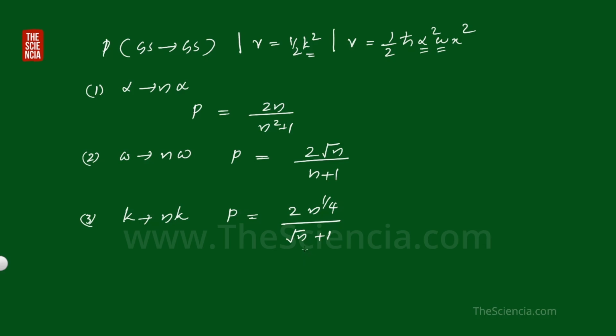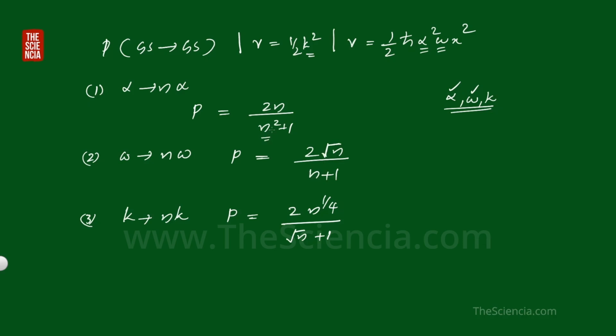To remember these equations, first remember this order: alpha, omega, k. First consider alpha. Alpha is 2n by n square plus 1. When taking omega, take the root of all the n values, so it becomes 2 root n.